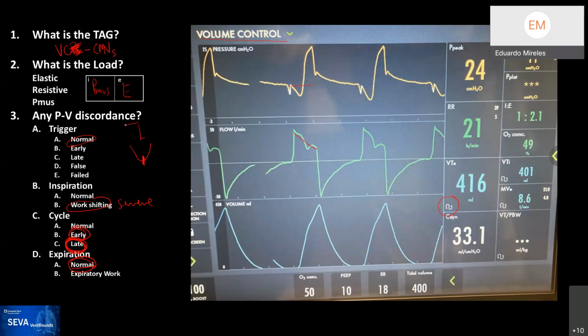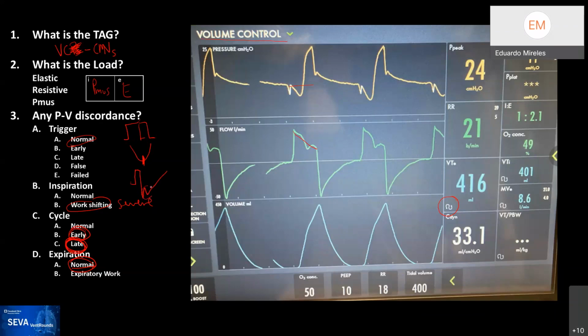But if the breath ends over here and the machine ends later, that's an early cycle. And what you usually see are changes on the pressure waveform going up or on the flow manifesting as we did before. And if it's an early cycle, meaning that the pressure ended earlier, then during exhalation, you would see something like that.